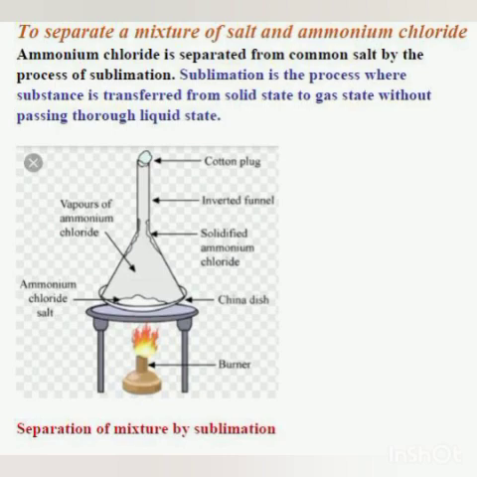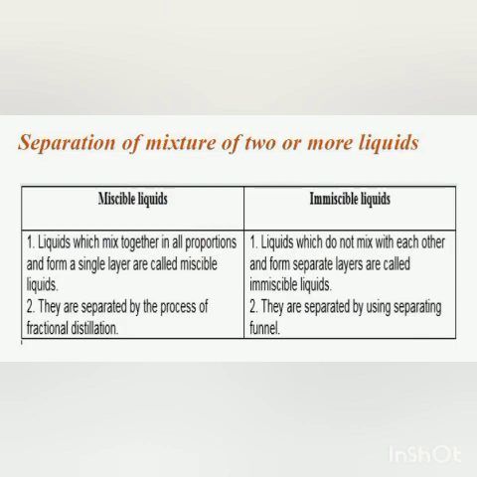Now we will discuss the separation of a mixture of two or more liquids. There are different types of mixtures. Children, first of all, you should know what is a miscible liquid and what is an immiscible liquid.